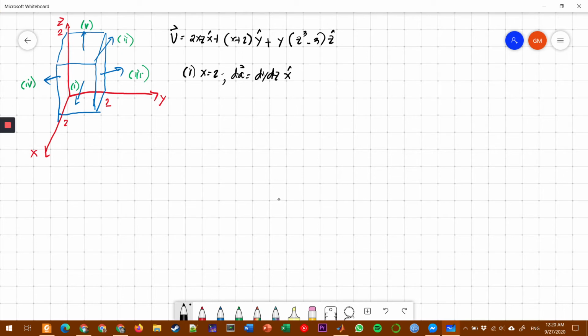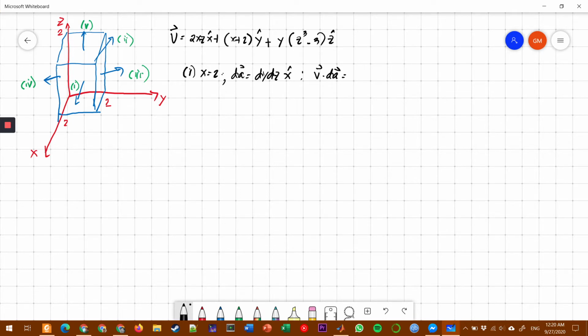Now we can take v dot dA. Since dA is just x hat, we dot it with the x component, and the rest are 0.